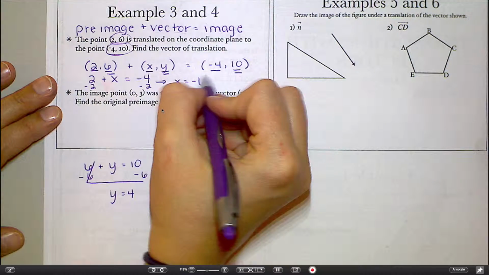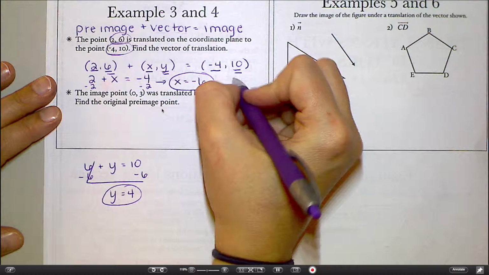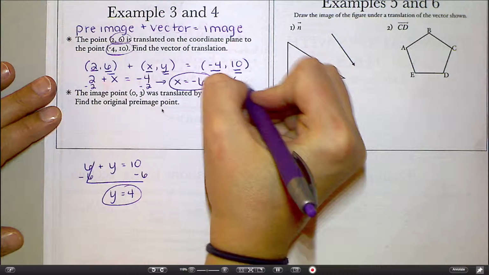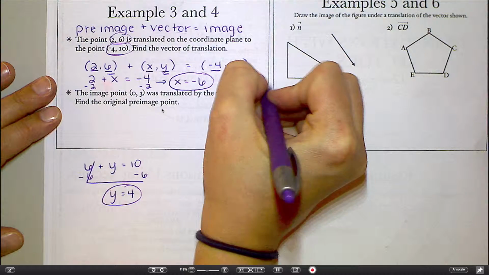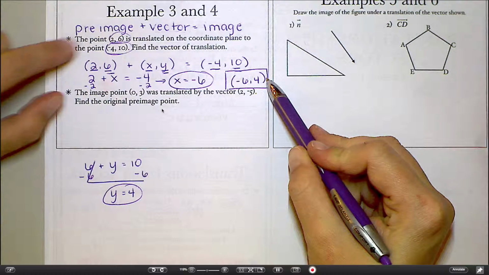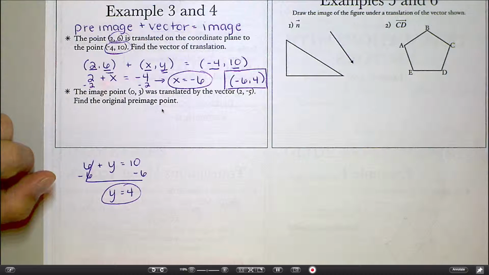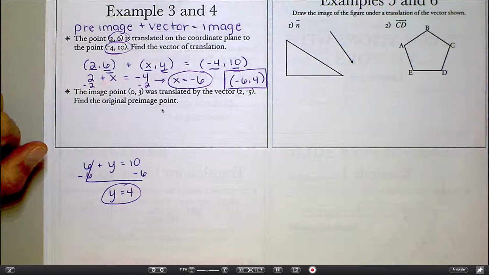So here's my x, here's my y, and that means my vector, which is my final answer, would be (-6, 4). So if I applied this vector to this coordinate, my end result would be (-4, 10). Sorry, that got a little messier than I expected it to be.